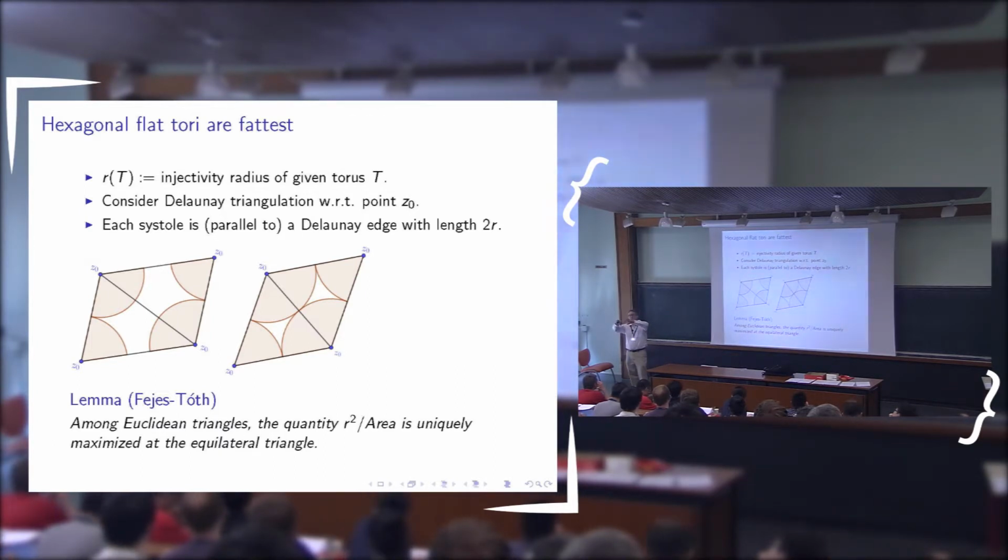That decomposes you into little cells, basically neighborhoods of your cone points. And then there's a dual to that. That dual cell decomposition is called the Delaunay. So this is the Delaunay for z naught. So I have two cells in this case.